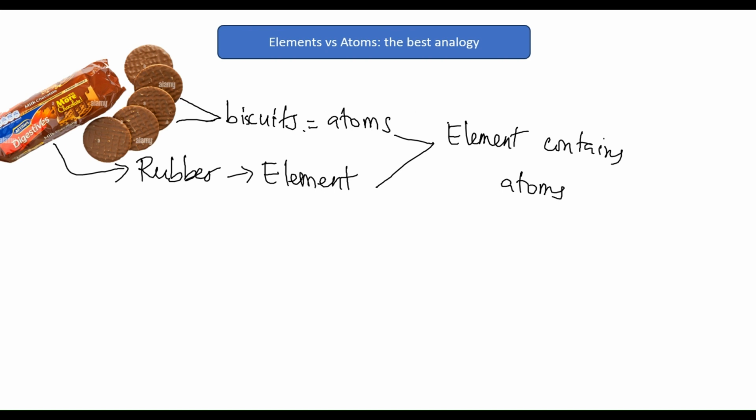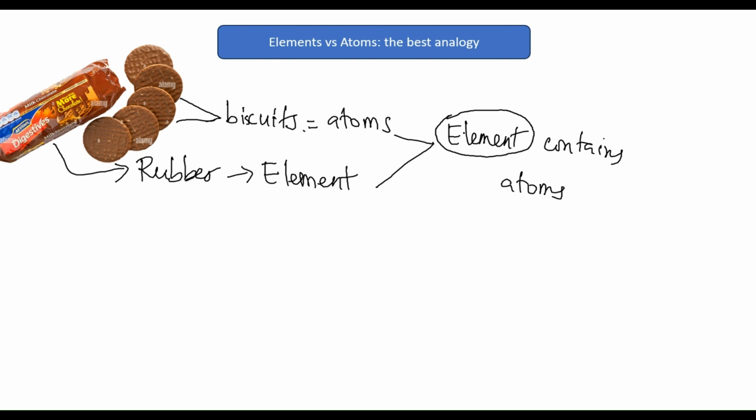I talked about eating what matters. We don't eat the rubber, so we don't use the element. The element helps us to refer to the biscuit. It helps us to know the name. The element represents the entire biscuit family as a whole, but inside this rubber there are individual components that we eat.